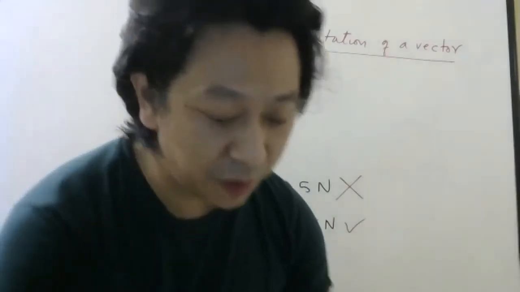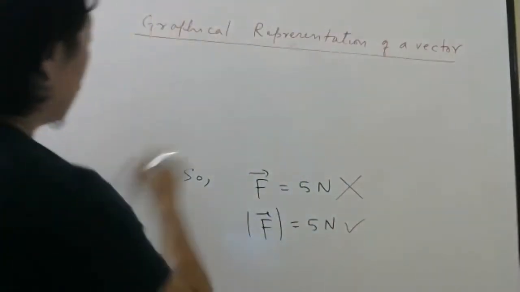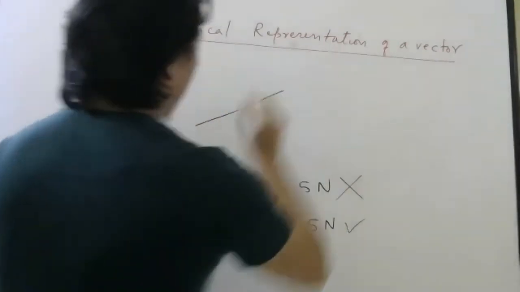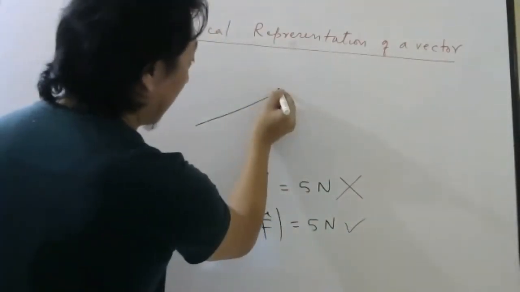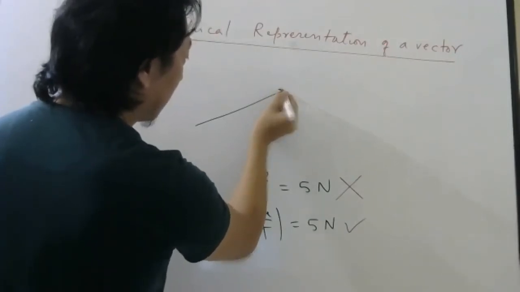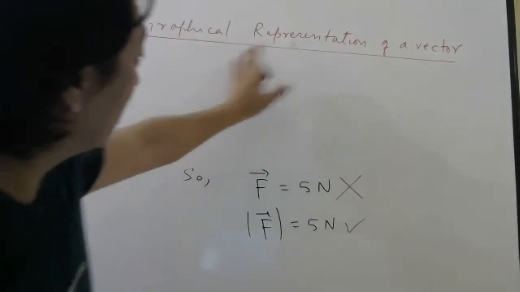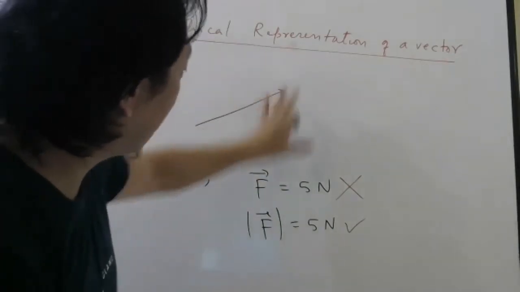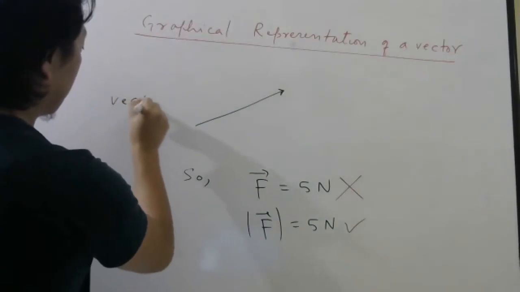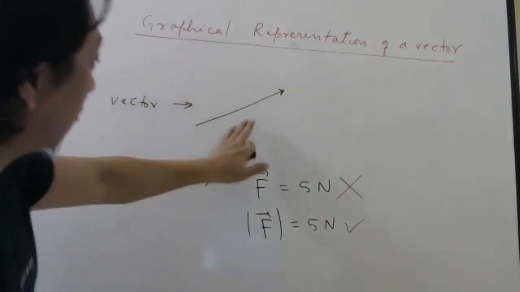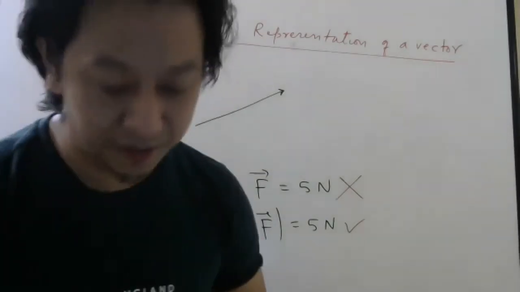So this is the way we draw. We draw a line of some length, and we put an arrow mark on the top, like this. So this symbol, whatever I've drawn, will represent a vector. So a vector will be shown this way in diagrams.